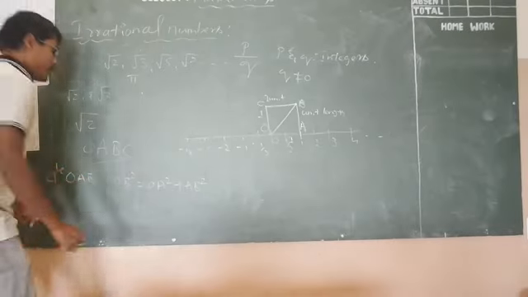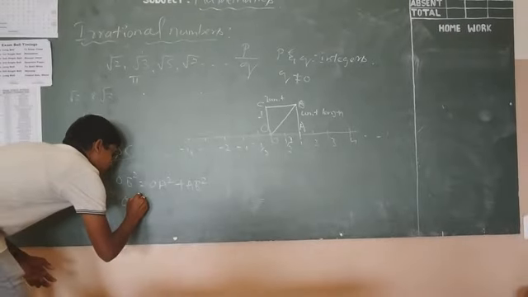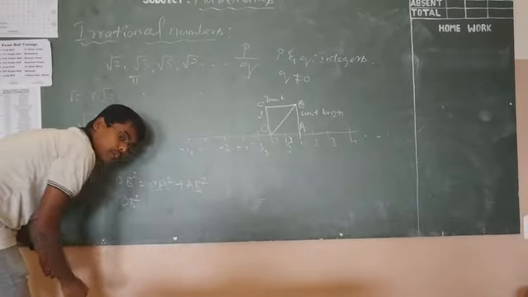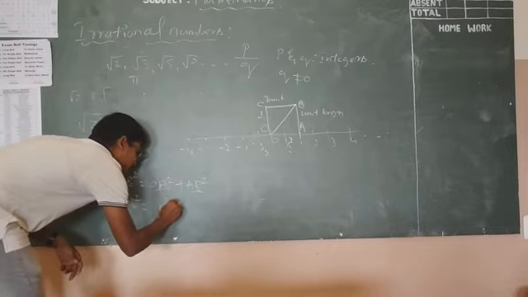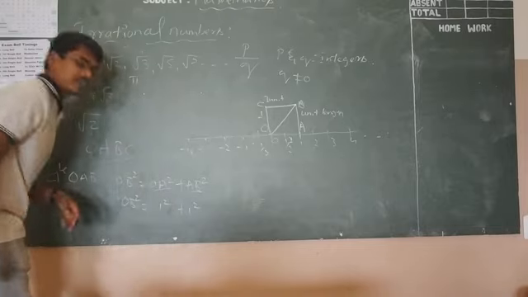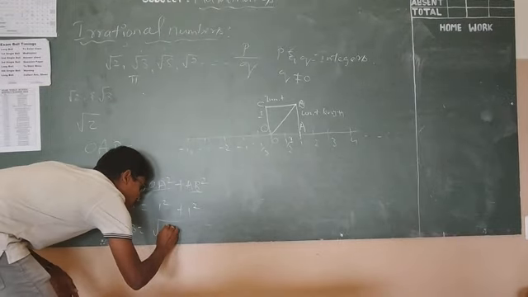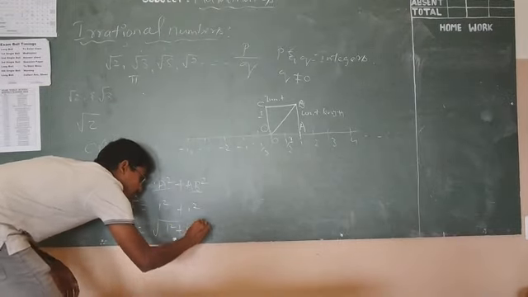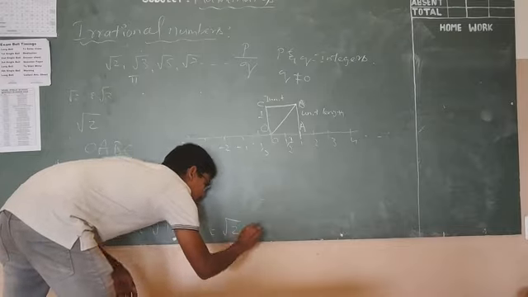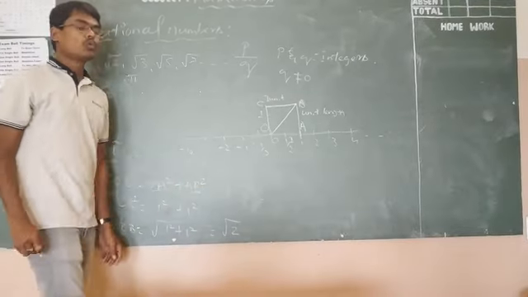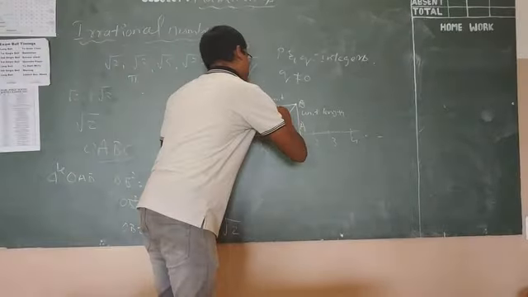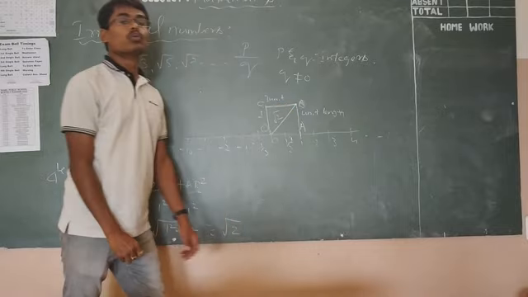And we know that OA and AB are of unit length. You take it as 1 square plus 1 square. Then OB becomes under root 1 square plus 1 square, that results in root 2. And this OB becomes root 2.